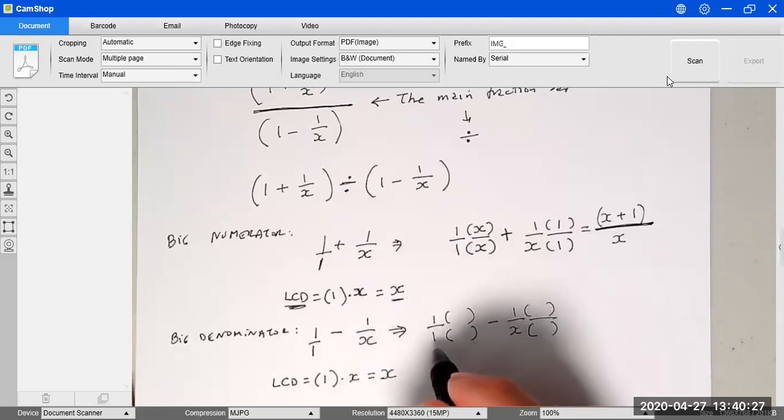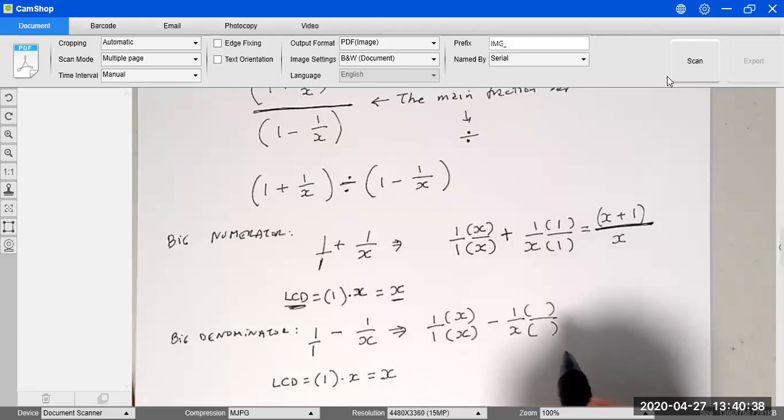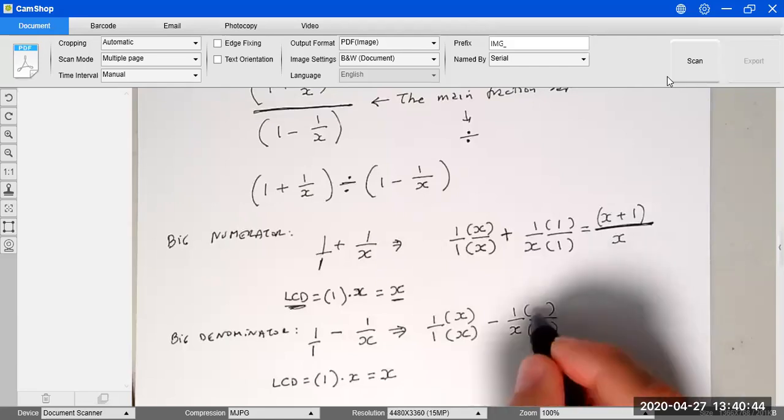So what I want to have here is just x, because x times 1 is going to give me x. And then if I multiply by x here, I need to multiply by x over here. The same thing here. I already have x here, so the only factor that I could use is just 1.